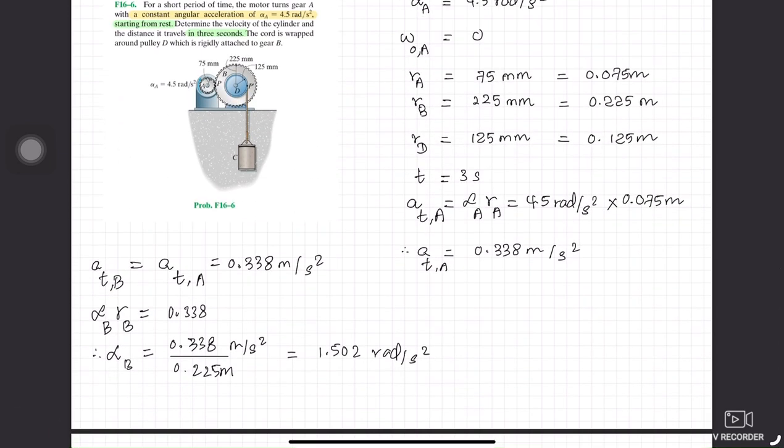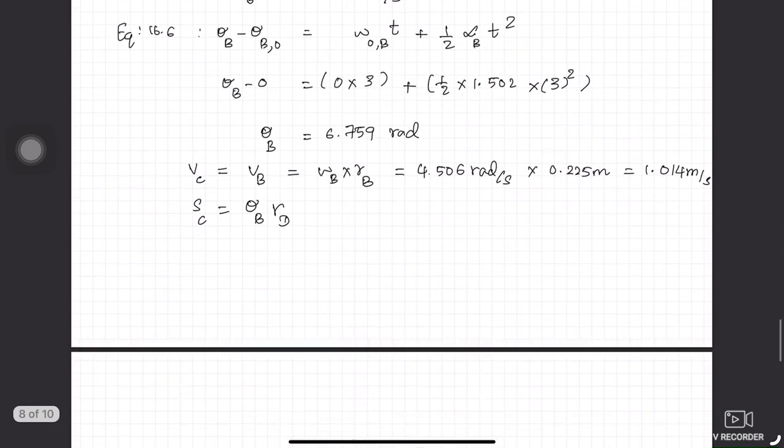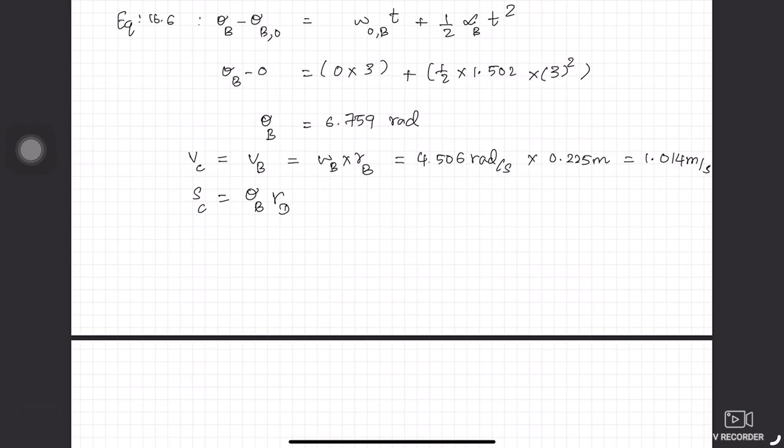And then the distance s of the cylinder is theta times r_D, because the string is connected at this D distance. So it's 6.759 radian times 0.125 meter, which came out as 0.845 meter.